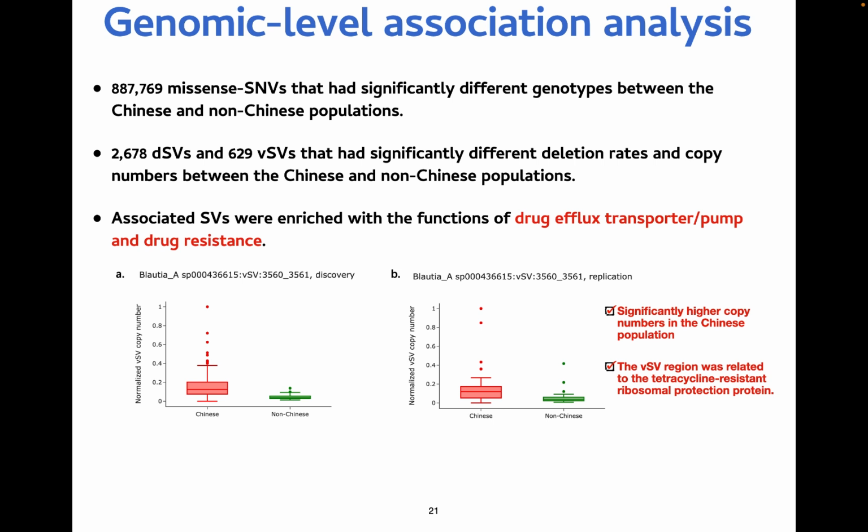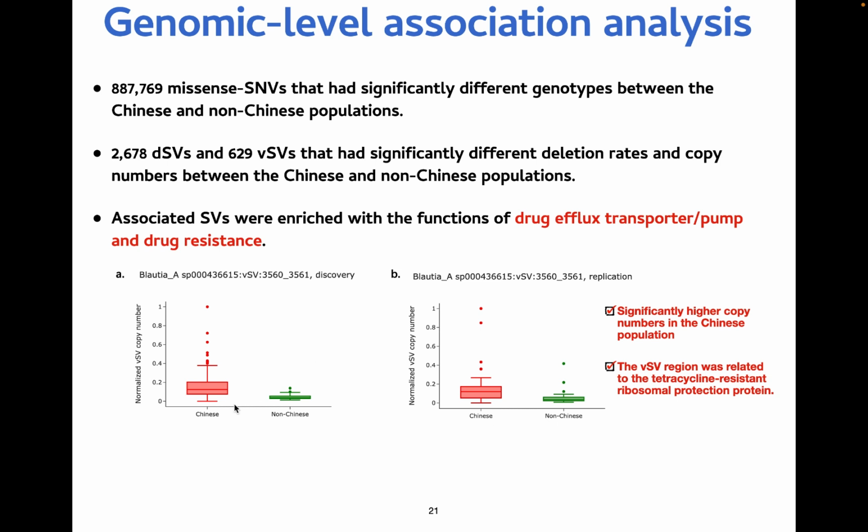Finally, by the genomic level association analysis, we also identified a lot of ISMVs and SVs that were significantly different between the Chinese and non-Chinese population. We also found that the associated SVs were enriched with the functions of drug resistance.